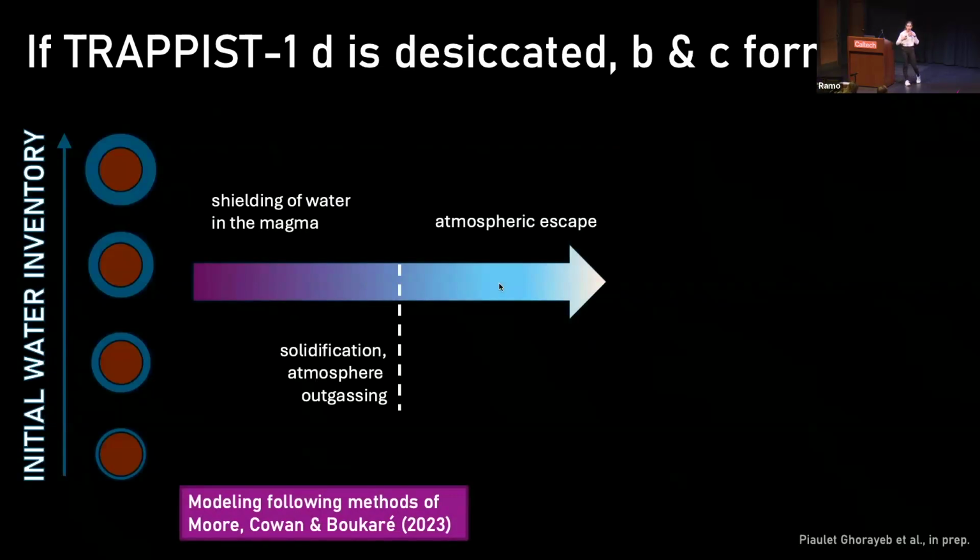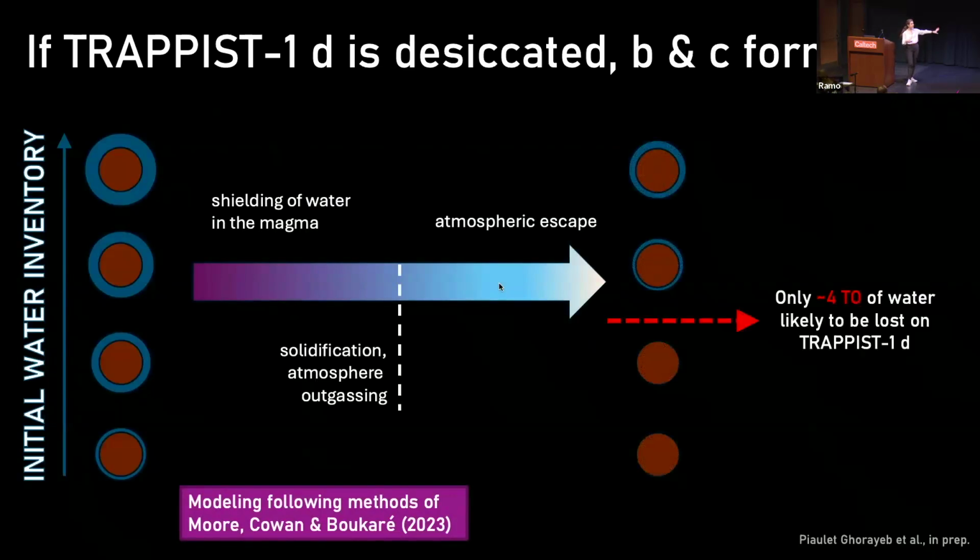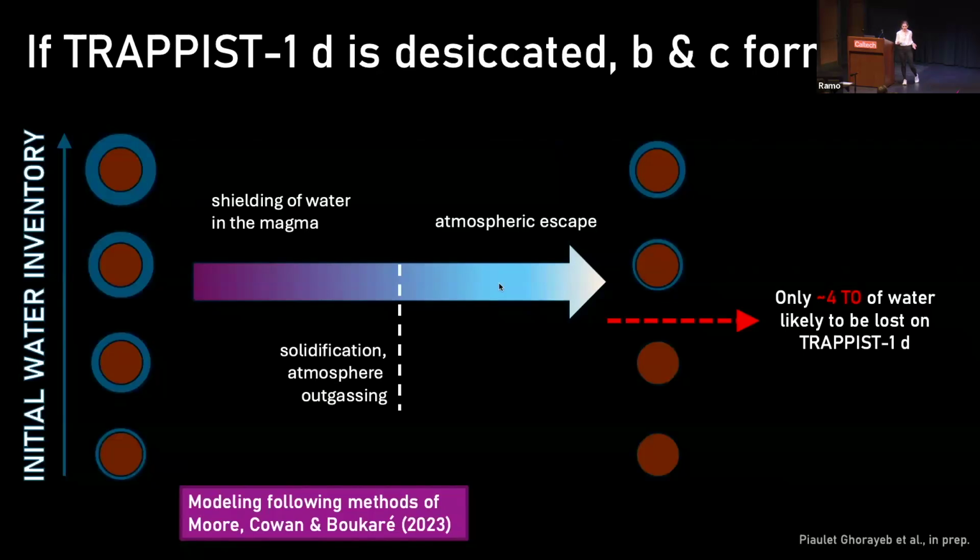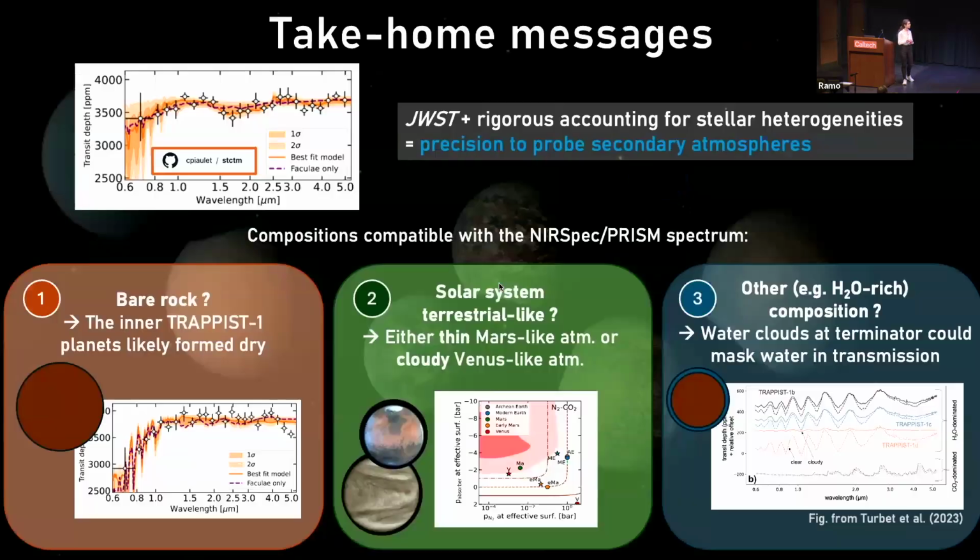So having the water dissolve in the mantle and then perhaps outgas and be lost. And so we can draw a limit on how much water the planet could have lost over time, which for TRAPPIST-1d is a fairly small amount, which means that if it is indeed a bare rock, the inner planets of the TRAPPIST-1 system must have formed pretty dry, and the outer planets still have a good likelihood of having atmospheres.